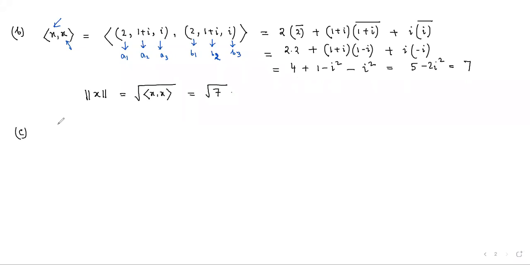Similarly, you can calculate the norm of y. So let me quickly do it over here. We will write the vectors 2 minus i, 2, 1 plus 2i. This is the first vector I'm writing. The second vector is similar to the first vector.